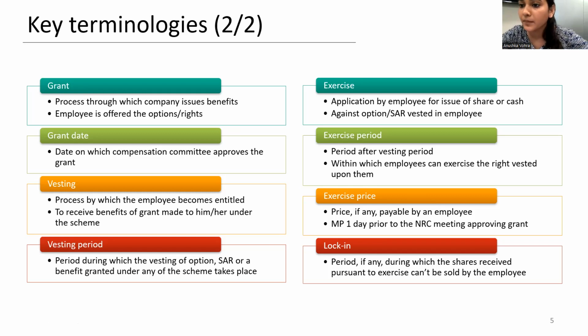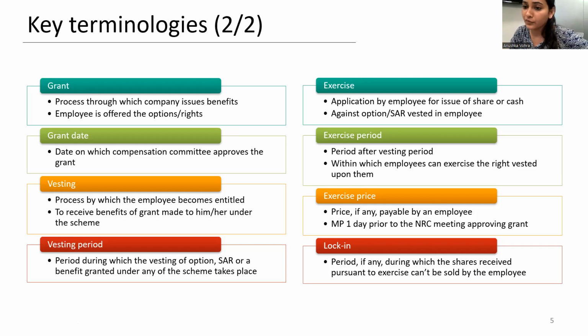Say here in this case, the company has an exercise period of 2 years. So these 20 options I can exercise within 2 years with effect from 1st August 2024. There's an exercise price, which is predetermined and specified by the company, which cannot be less than the face value of the company's shares.